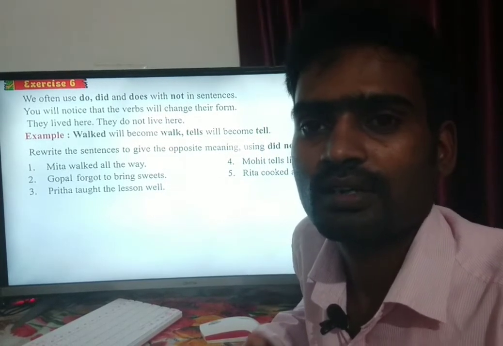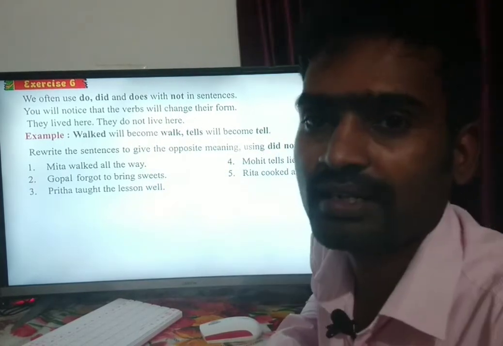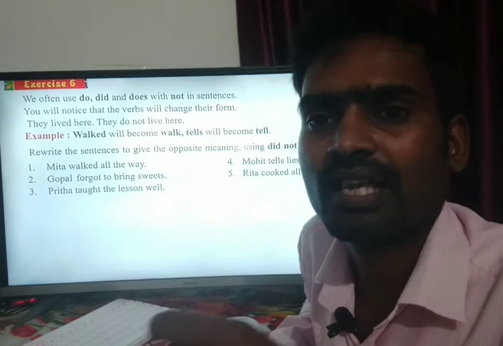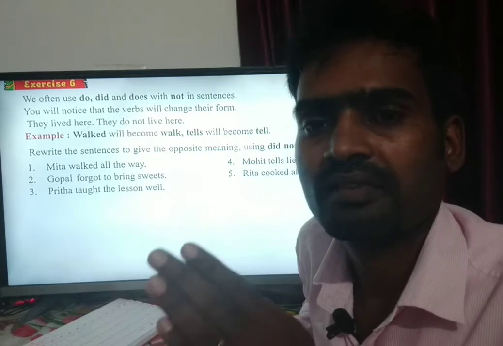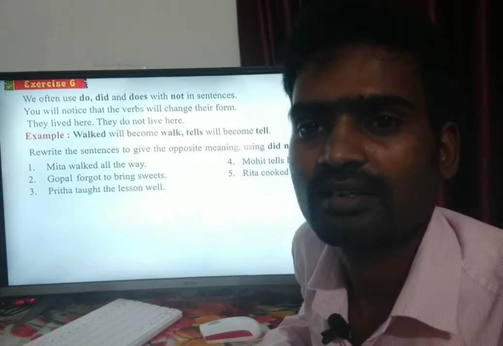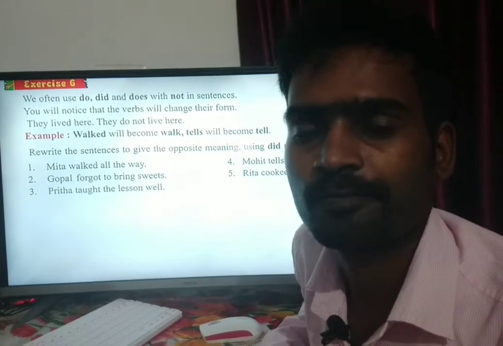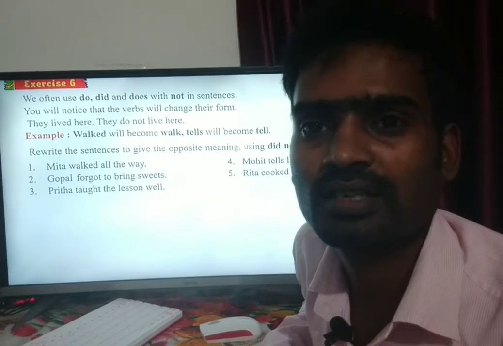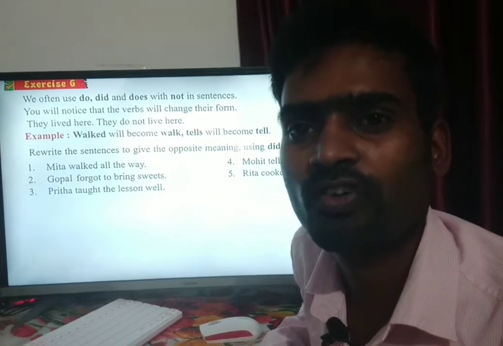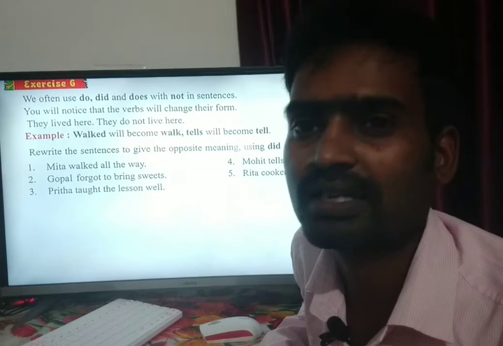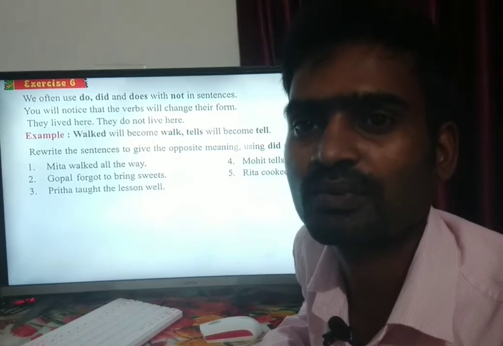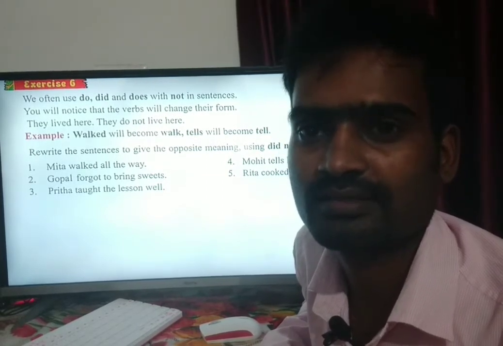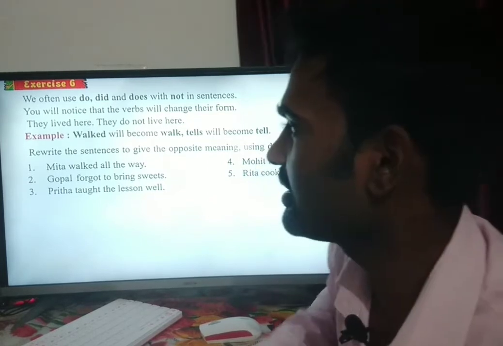So here we are going to learn how to make a negative sentence. When they give a positive sentence, when we make it as a negative sentence, the verb form will change. That's what I said. We should learn the three forms of verbs, so that we will be able to recognize, identify it. Okay, then here we will learn it.